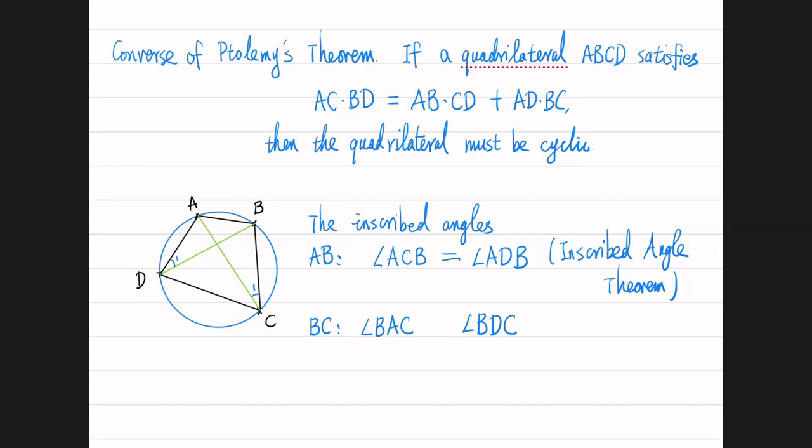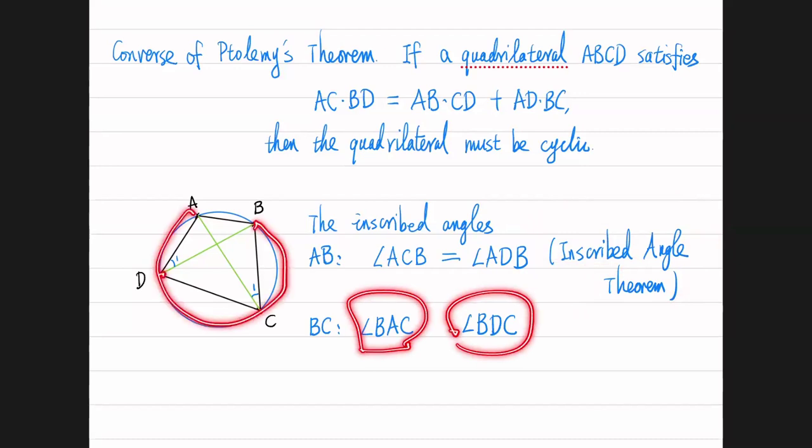I'm forgetting what the inscribed angle theorem is. Eric, I know you know. Okay, Eric. The inscribed angle theorem states that any inscribed angle on this side of the arc is half of the central angle.